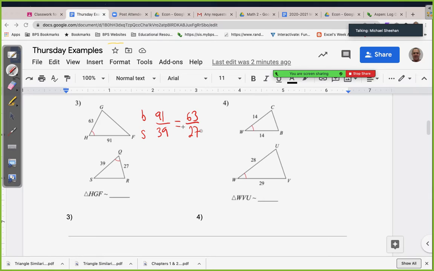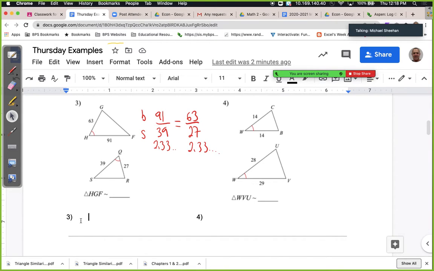When I divide 91 by 39, this gives me 2.333 repeating. When I do 63 divided by 27, this also gives me 2.333 repeating. So this is a yes. Side angle side. So I'm going to go down here.